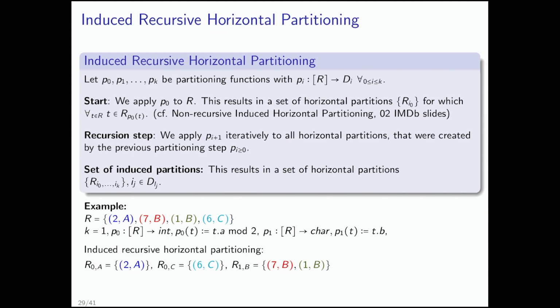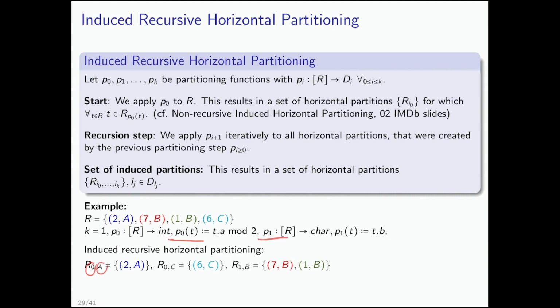And now what I'm doing is I first apply one partitioning function and then apply the other partitioning function. The order doesn't matter, the end result will be the same. But basically now this is saying, okay, this is a horizontal partition that contains the tuples that, when fed into P0, will return 0, and when fed into P1, will return A.